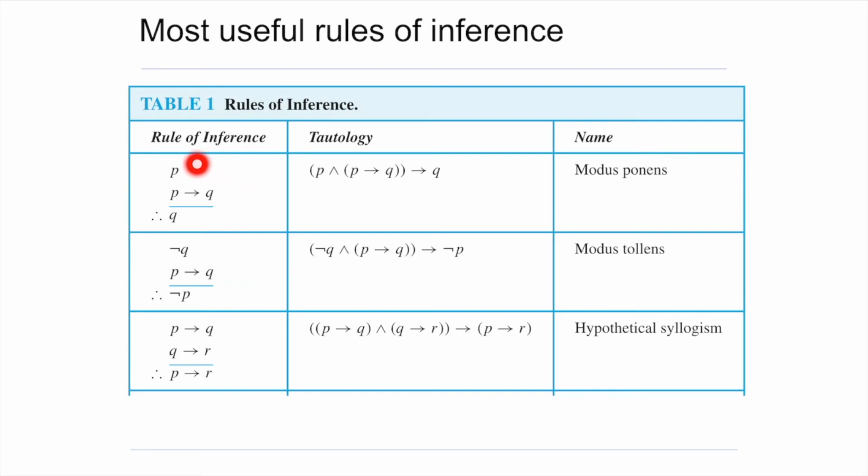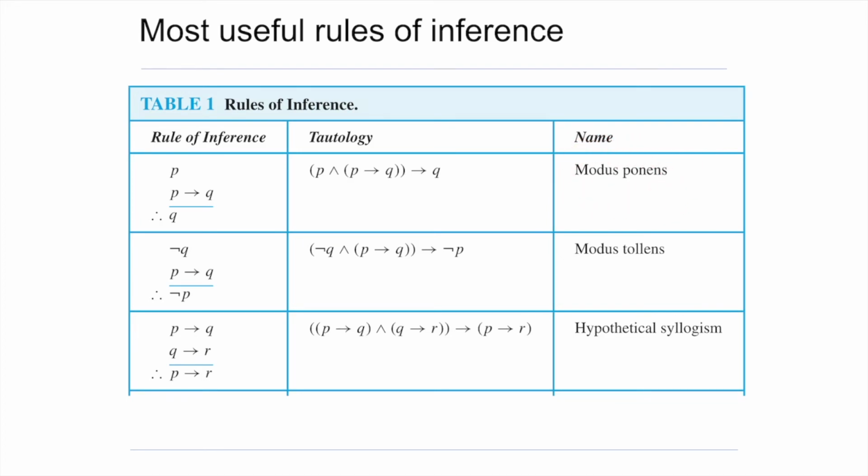So if you see here, this is the same example we used, and this is called Modus Ponens. Every time you see in an exercise or in a proof that you are trying to create this form, you can conclude that the form is valid because of Modus Ponens.